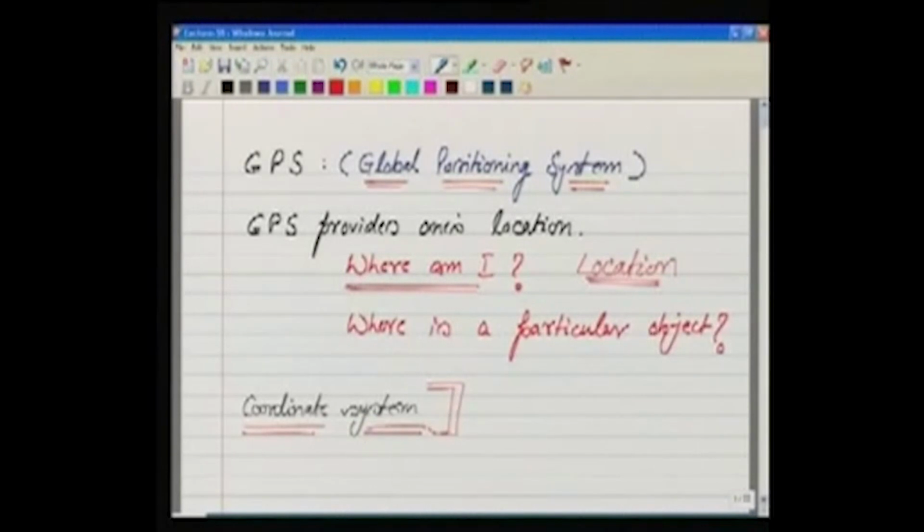So before we go into the principle of GPS, we would like to see about these coordinate systems, because this is important.